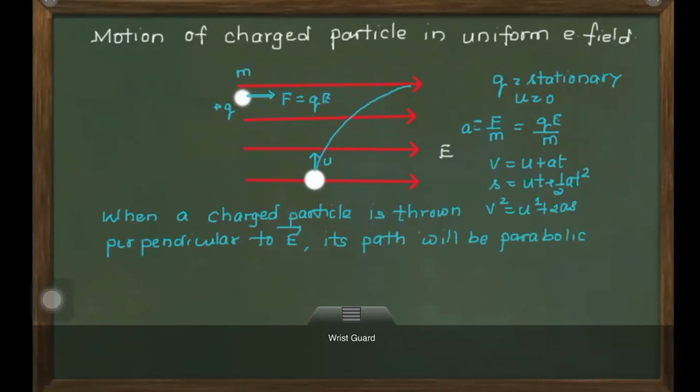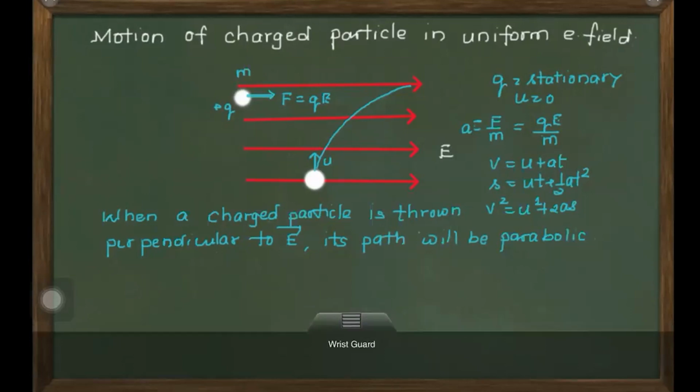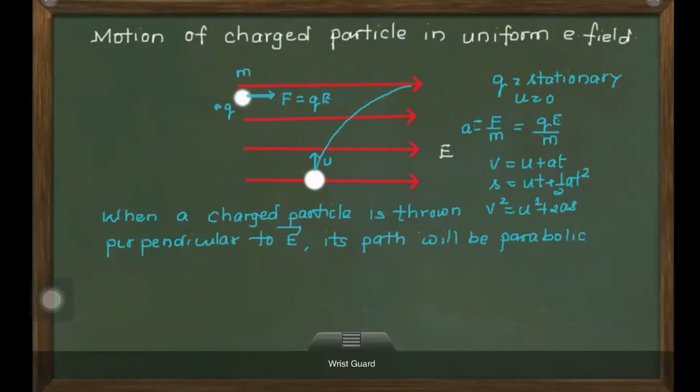Okay, and we can prove it, like in your 11th class, you have proved that the path of a projectile is parabolic. So you can prove it here also. We can prove it in the next class, and we can solve a numerical in the next class on this topic. So that's all for today.